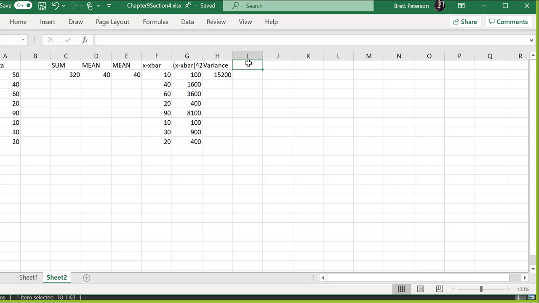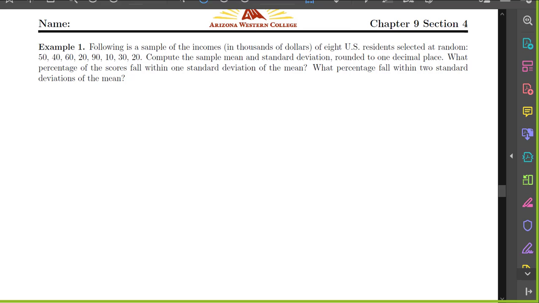Oh, we need to take this, and what did I forget? I added them up, but what do we have to divide by? The number of data points, right? So we're going to have to divide by, and in this example, is it 8 or 7? So what's our population? On U.S. residents, are there more than 8 people that live in the United States?